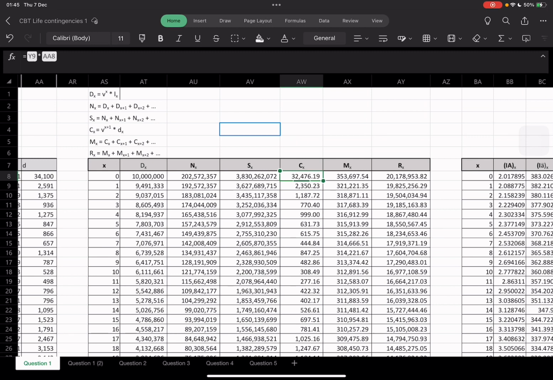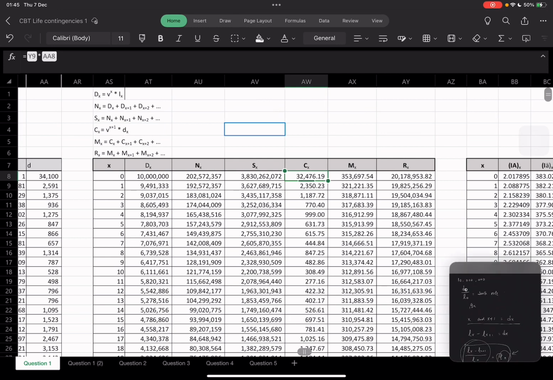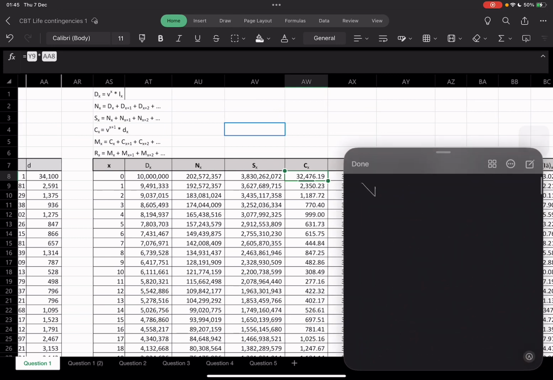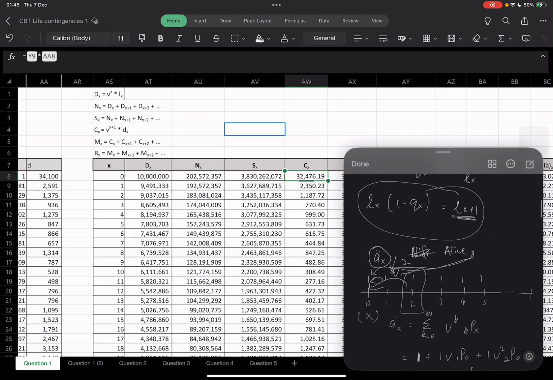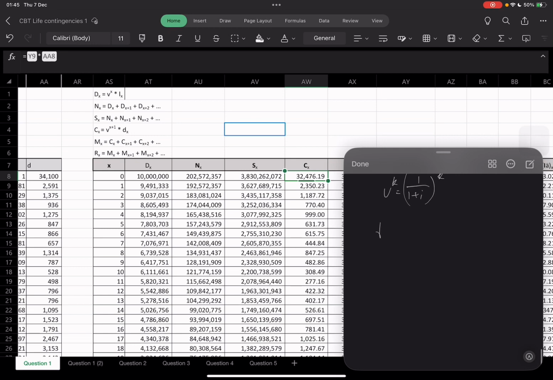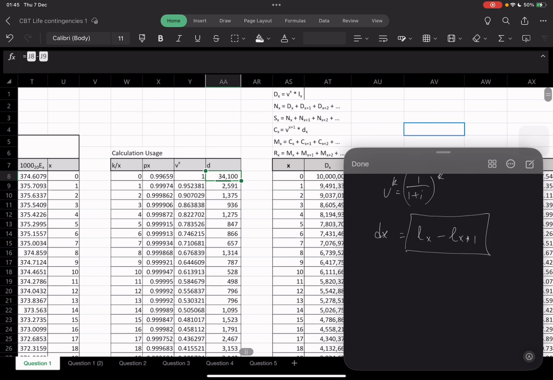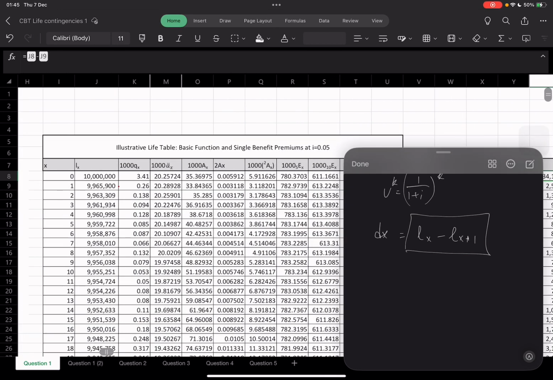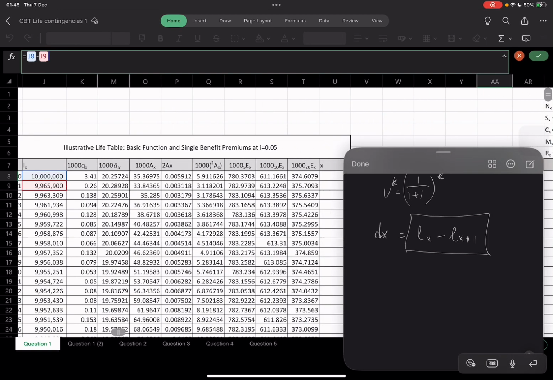The Cx formula is v(x plus 1) times dx. Dx is the deaths occurring during the year of x. We can calculate dx by subtracting lx minus l(x plus 1). And then we have dx here by subtracting l(x plus 1) with lx.